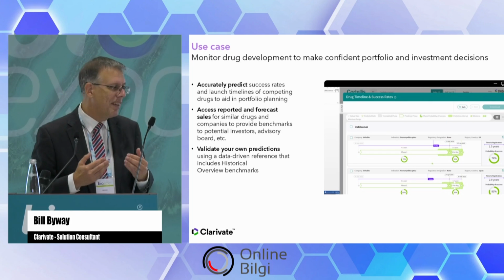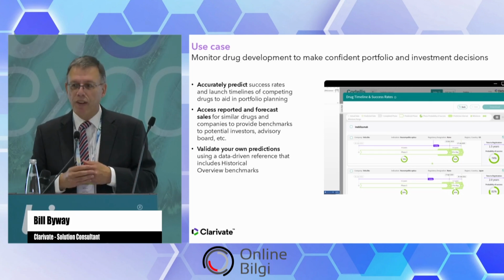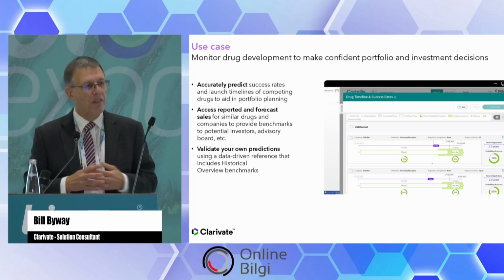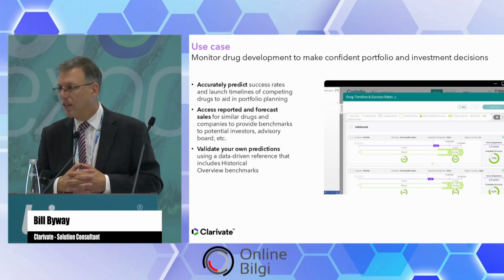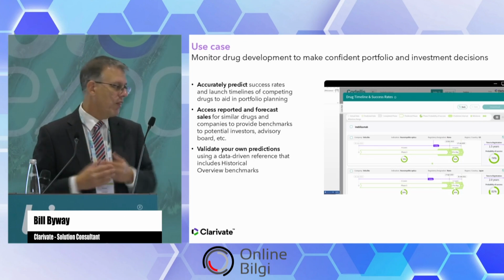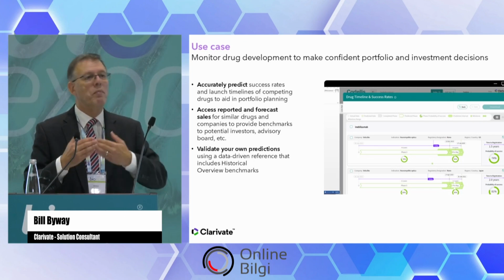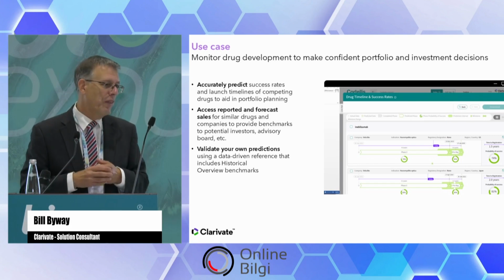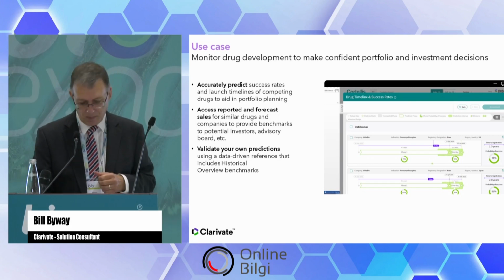Which ones maybe are more likely to fail in clinical trials? We have used artificial intelligence in our data to help make predictions for which drugs have got the most probability of coming to market and which ones have got the most probability of failing.